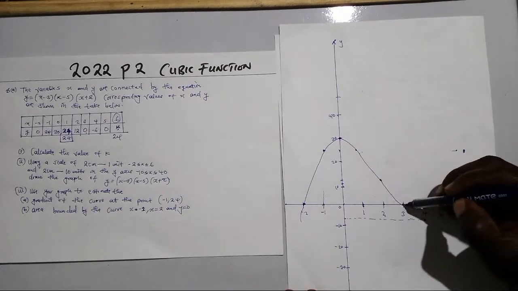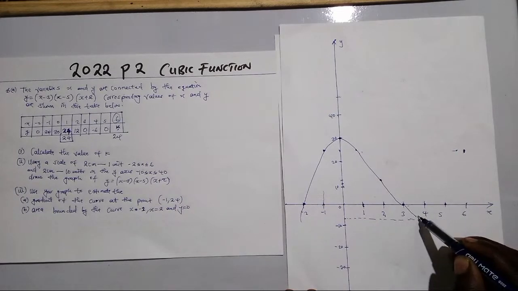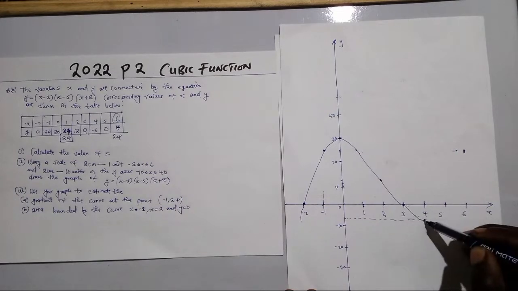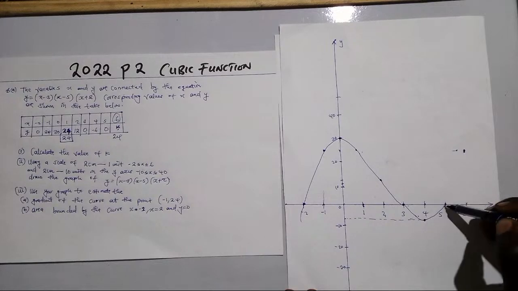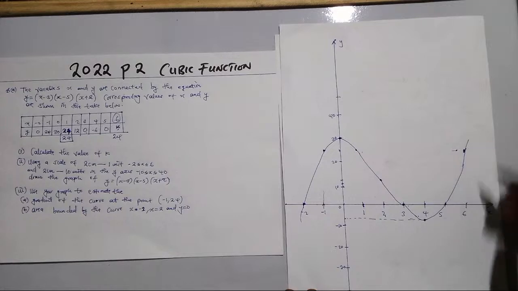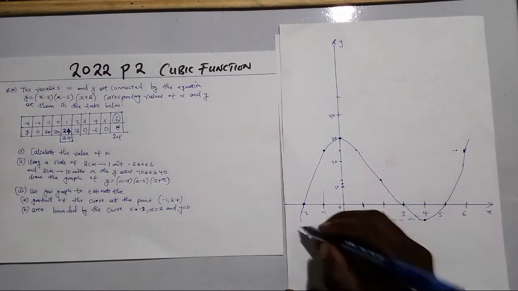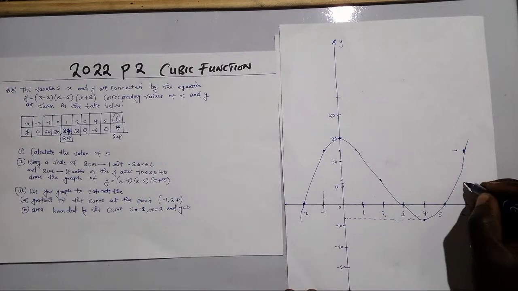You pass through the dotted points you left. Then you pass at 5, then at 6 comma 24. So this is how the graph should be shown.